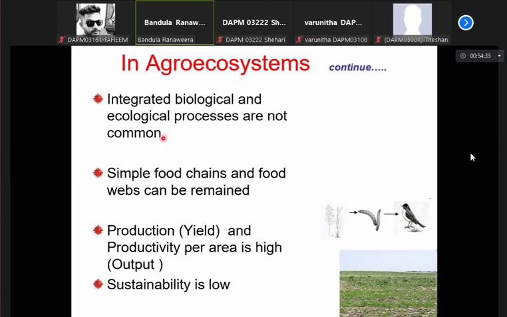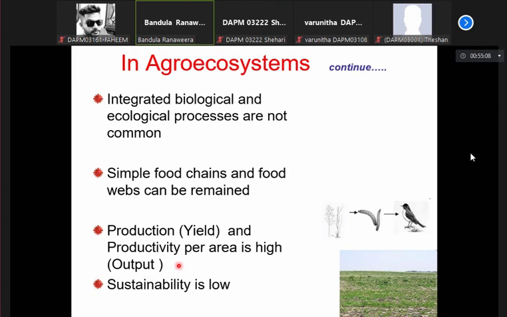Then as the diversity is lower, the integration of processes is lower. As we take an output from the cultivation plots, that means there are productivities of plants in the agroecosystem. But if we consider the materials produced in the agroecosystem and the natural ecosystem, maybe we have the same amounts.